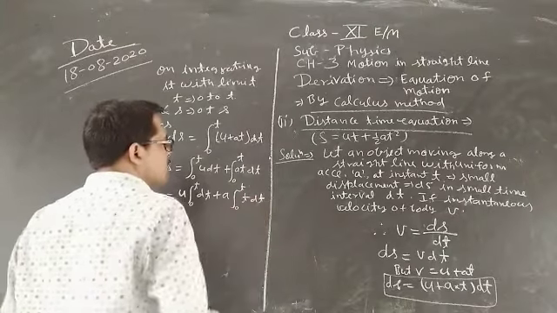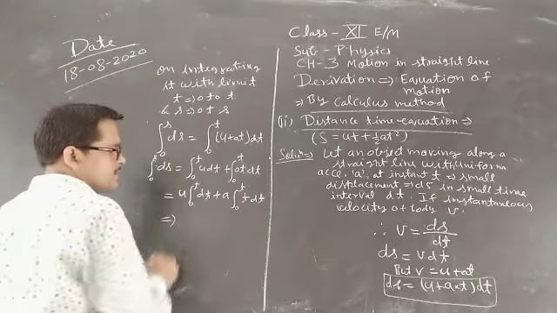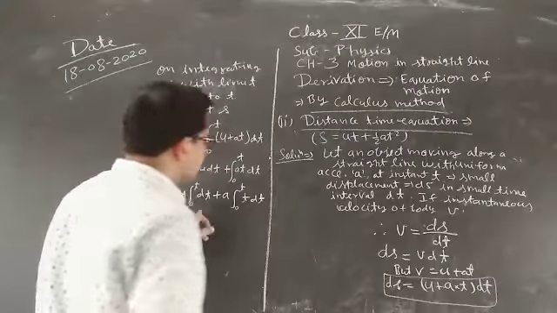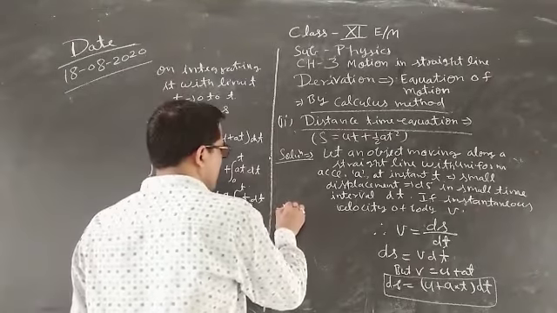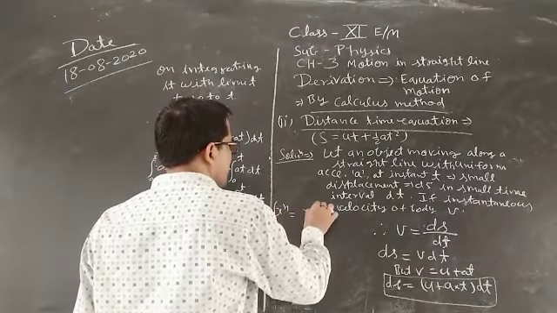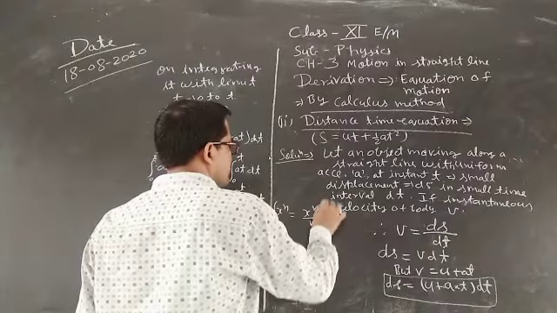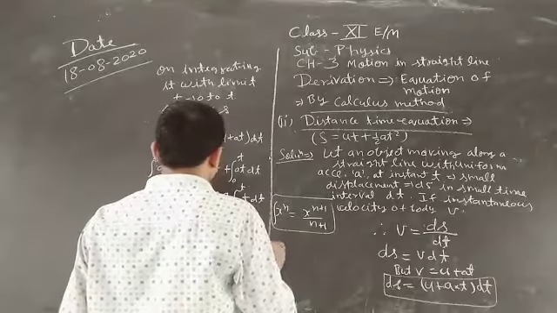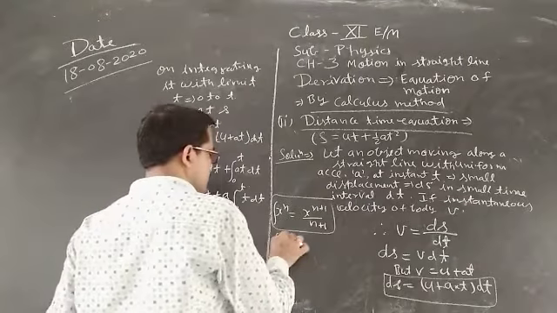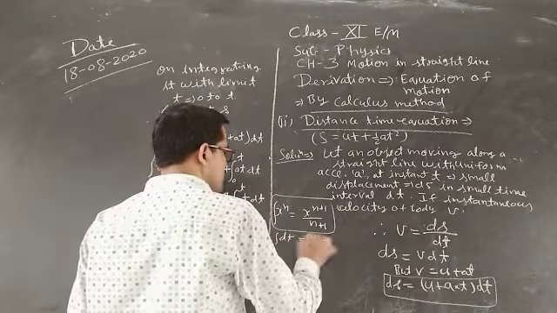By the integration method, students, I explained it: the integral of x to the power n is x to the power n plus 1 upon n plus 1. This is the integration formula. So the integral of dt is t.